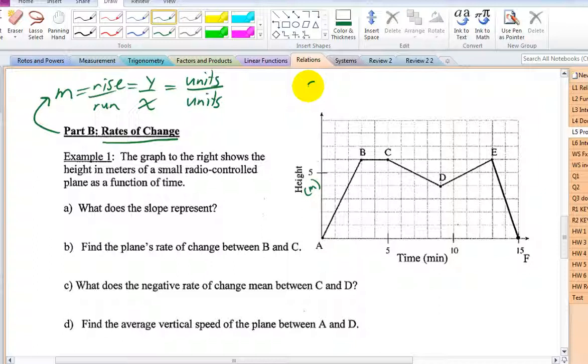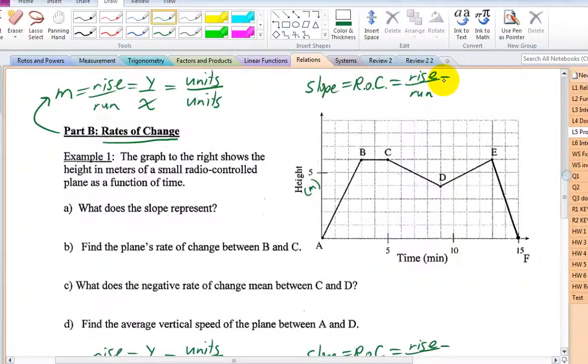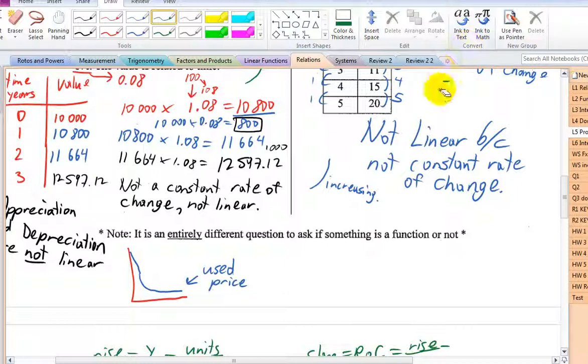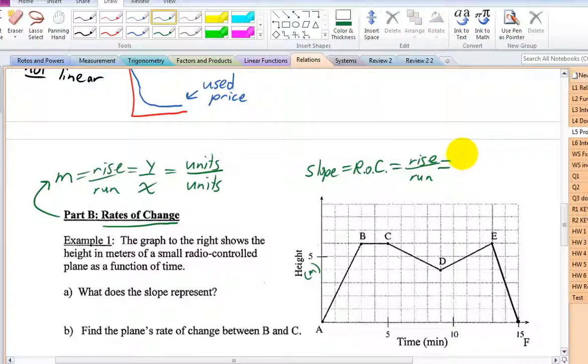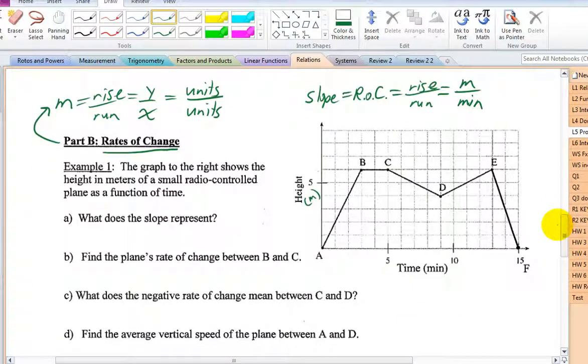So for our slope, our rate of change, ROC, that's going to be rise over run, which equals meters over minute. Meters per minute. So our slope here, m, equals meters per minute.